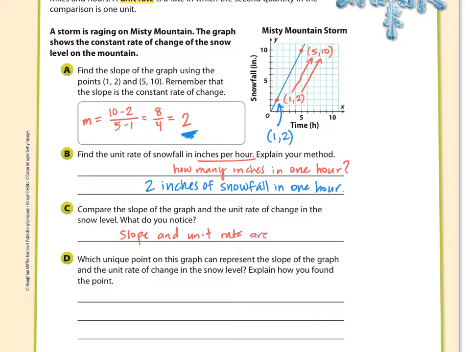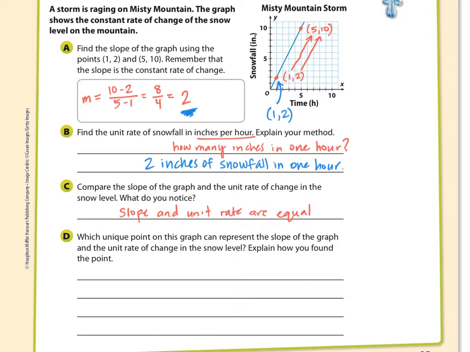Part D, which unique point on this graph can represent the slope of the graph and the unit rate of change in the snow level? Explain how you found the point. And I already did it for you because if we're looking at per hour, it means 1 hour, then we're really looking at the point (1, something), right? That something is going to tell us how much of the y value happens in one unit of the x value.